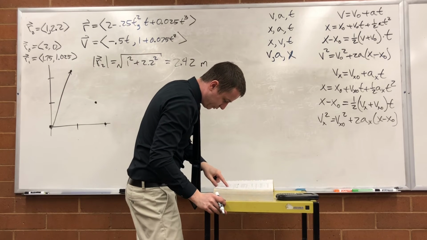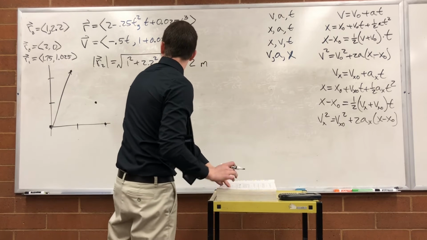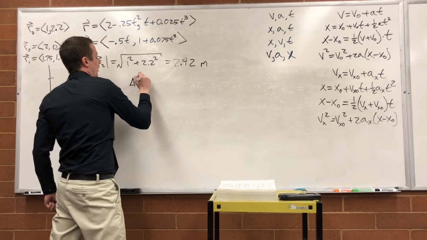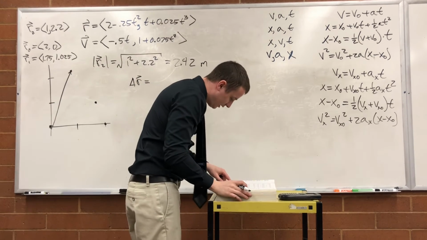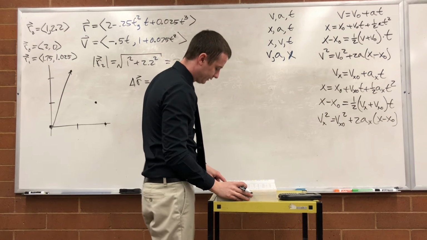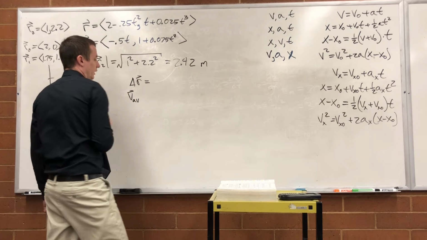Find the rover's displacement and average velocity vectors. So we're looking for delta r across 1 and 2, and then the next thing is part B, average velocity over the interval. So we're also looking for v average over that interval.